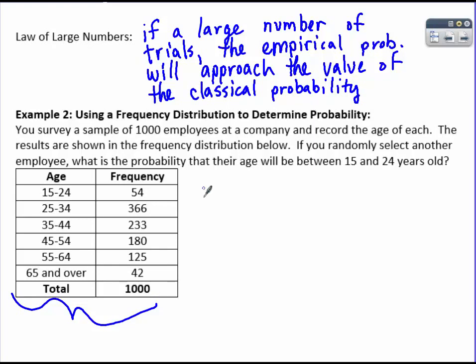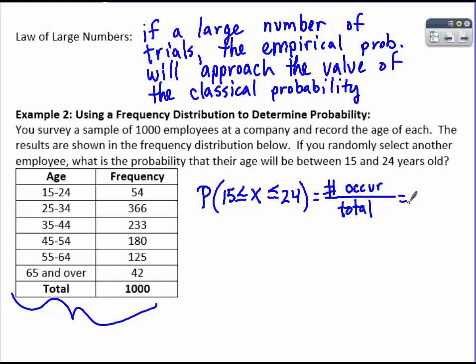All right, so I want to find the probability that a person has an age, which is X, that's between 15 and 24 years old. So, based off of this, I'm still doing the probabilities the same way. The number of times that it occurs over the total.